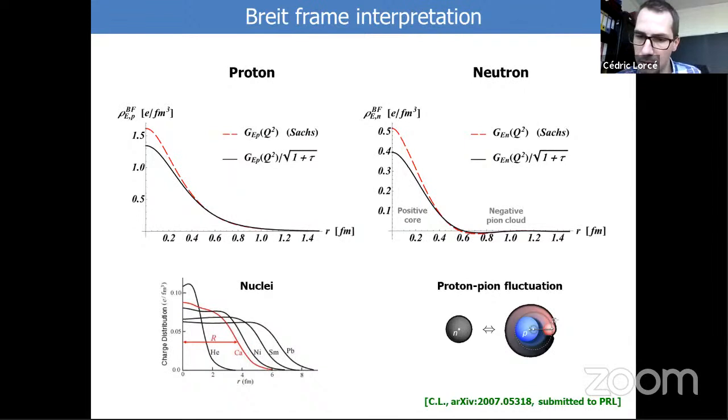The nucleon is heavier than the pion, and that means that the pion essentially orbits further away from the center of the system than the proton. The proton, being positively charged, is responsible for the positive inner core, while the pion that is negatively charged is responsible for what we call the pion cloud.